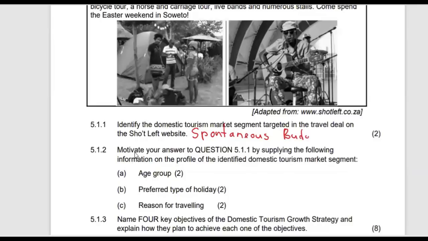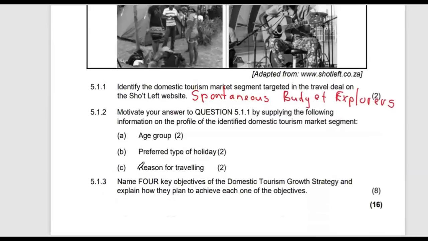Budget explorers. This is something which is targeted at spontaneous budget explorers. Then the next question, motivate your answer 5.1 by supplying the following information on the profile of the identified market segment.